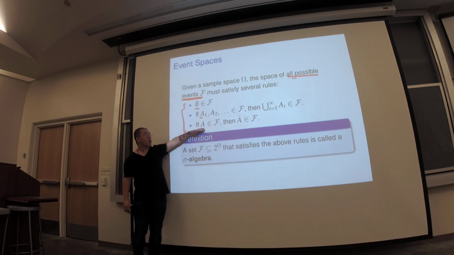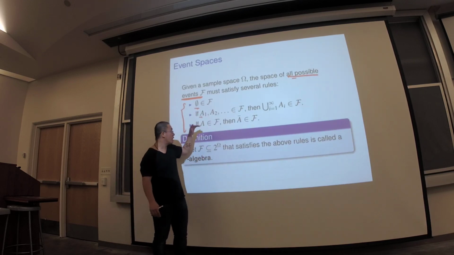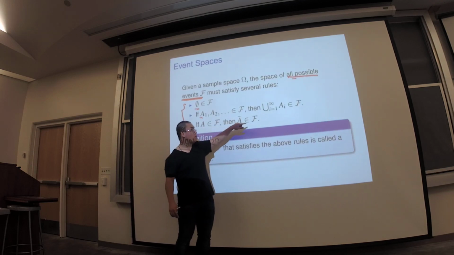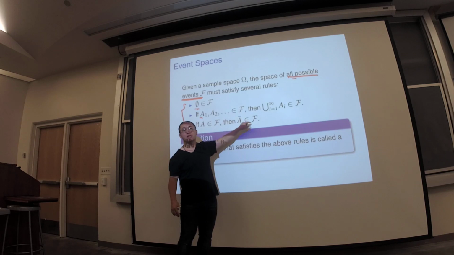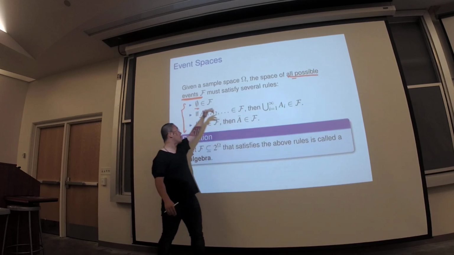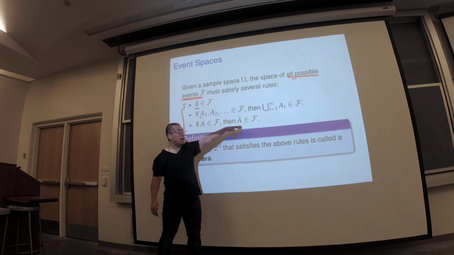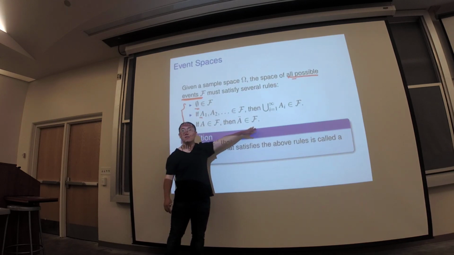And the third property is that if a particular event belongs to F, then the complement of the event belongs to F as well. So it's closed under complement. Combining the first and second properties, we can say that the whole sample space, omega, must belong to F as well.